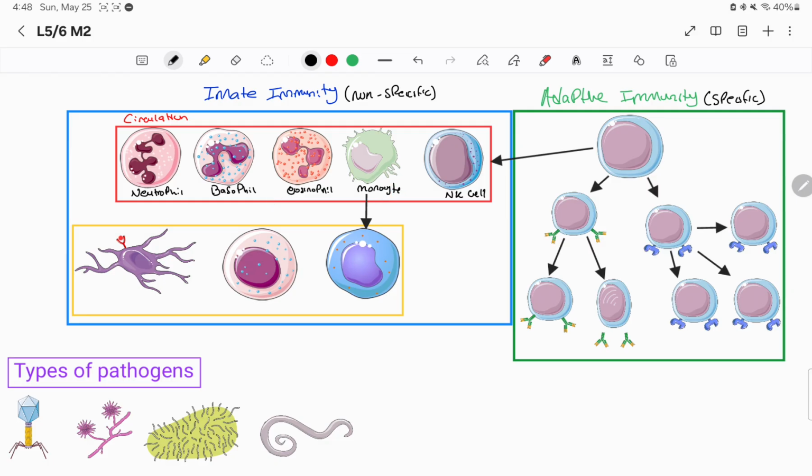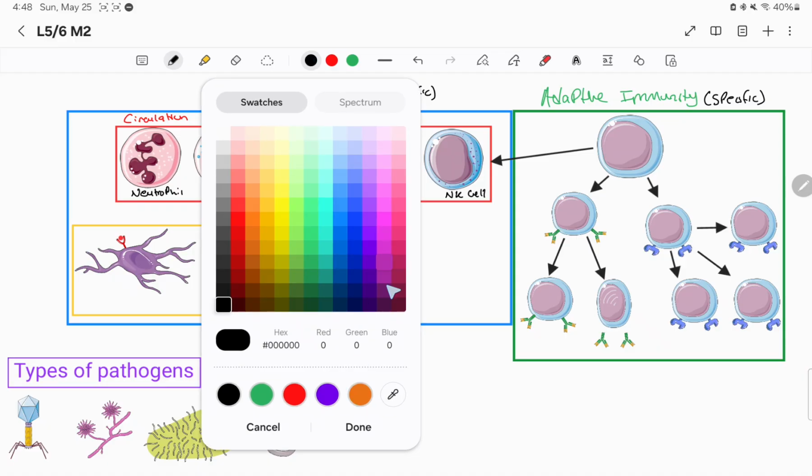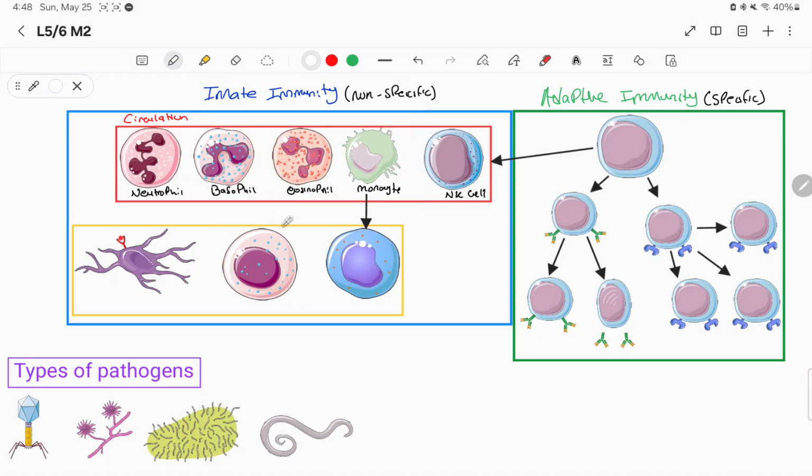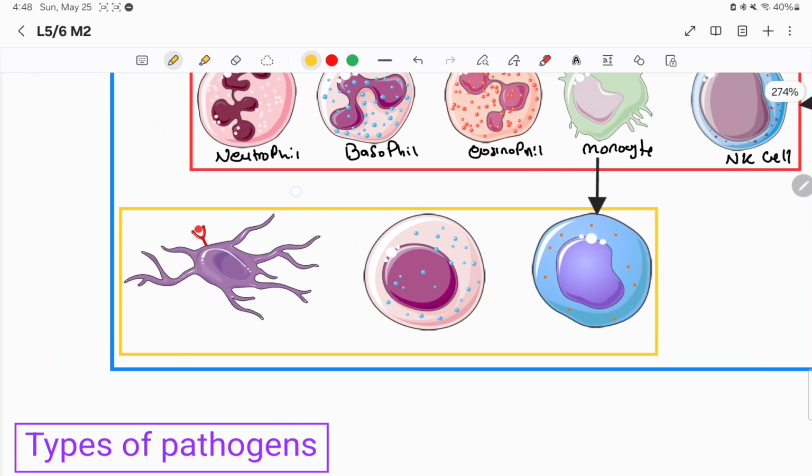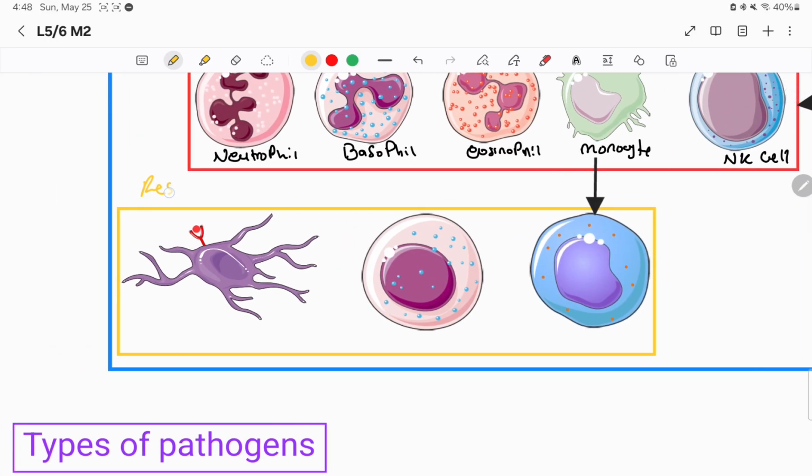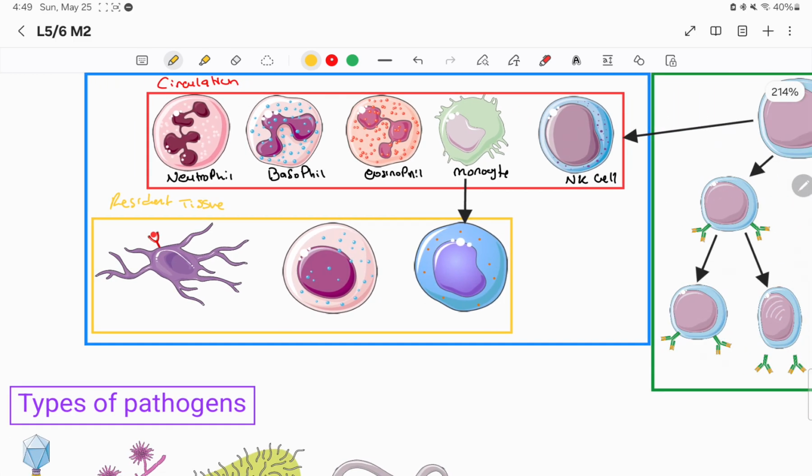Now, there are other innate immune cells, but they're not in the circulation. They are residing in tissues, okay? And you know what we call it when there are cells that are inside of a tissue? We call them resident tissue immune cells, meaning they're just a resident inside of that tissue, okay?